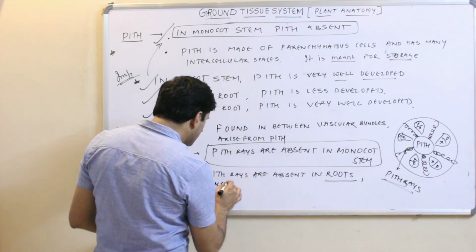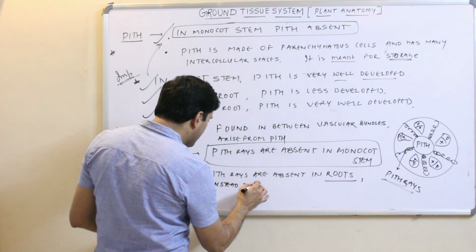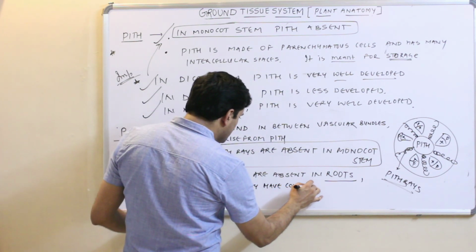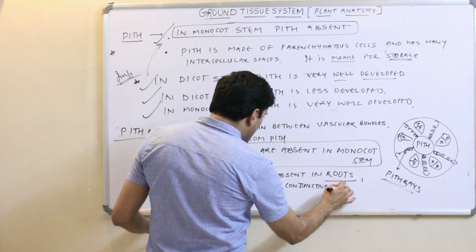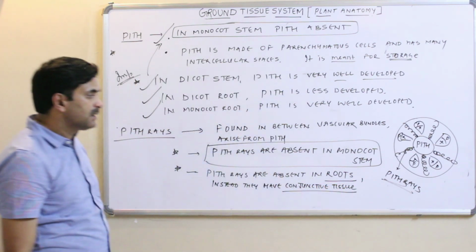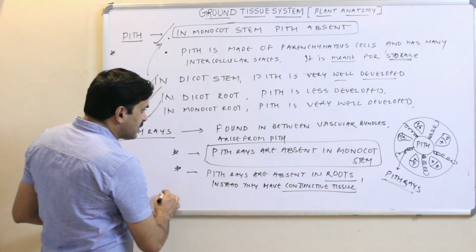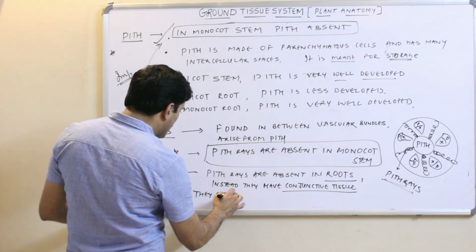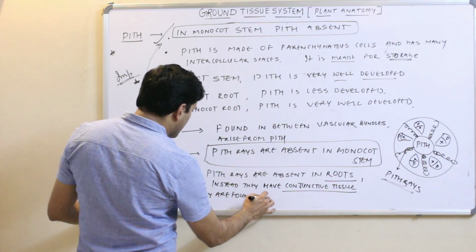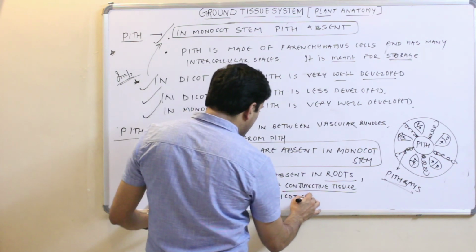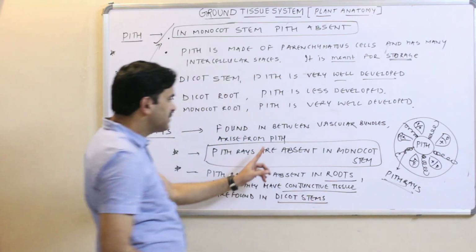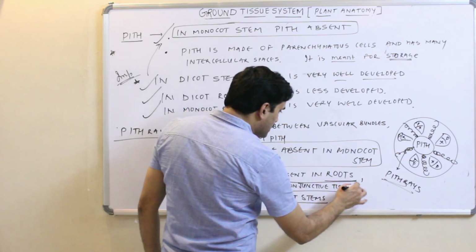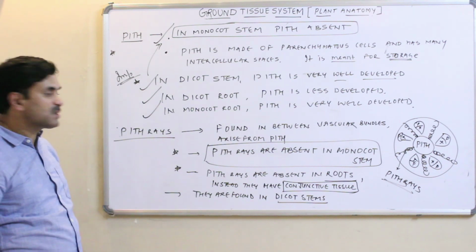Instead, they have conjunctive tissue. In place of the pith rays, they have conjunctive tissue. So they are found in dicot stem, they are absent in monocot stem, they are absent in roots. In roots, instead of the pith rays, conjunctive tissue is found between the vascular bundles.